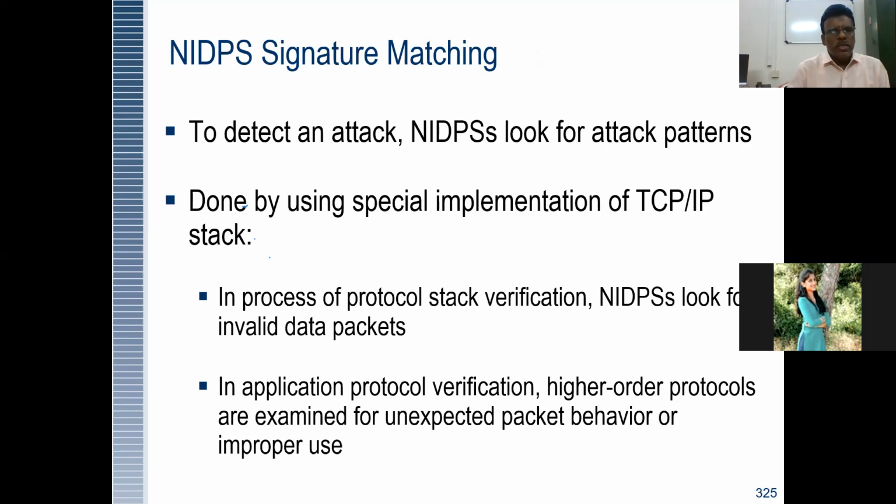Similarly, the network intrusion detection prevention system does signature mapping to detect an attack, looking for attack patterns using a special way of implementation with the help of the Transmission Control Protocol Internet Protocol stack.